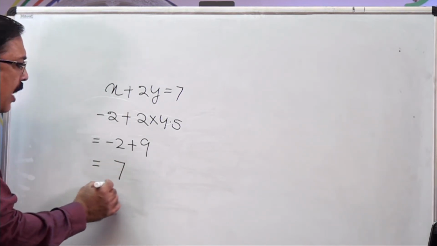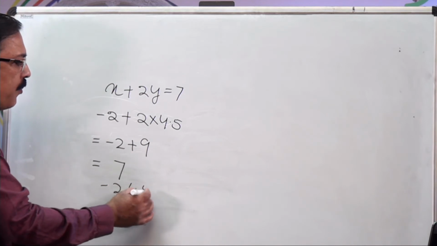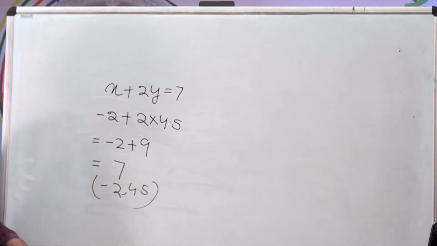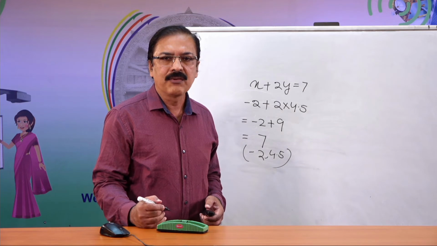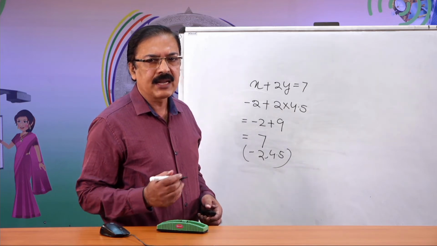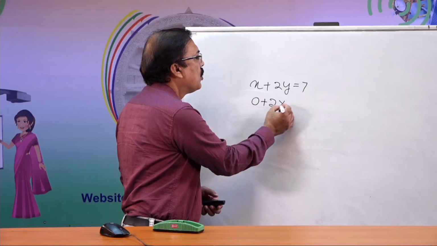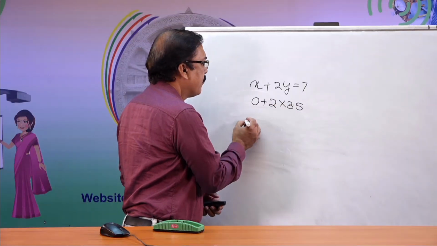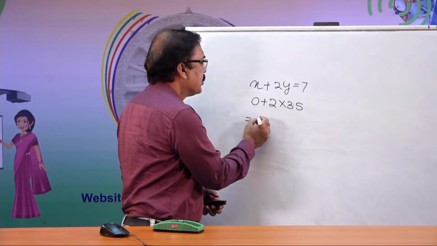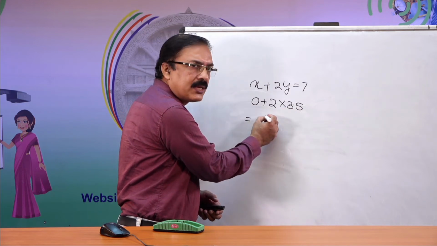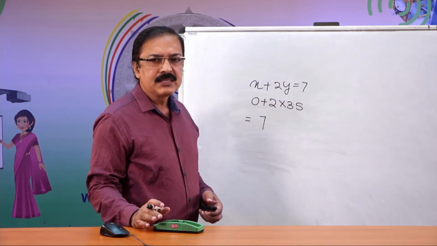So minus 2 and 4.5 is a solution to our equation. And in the second case, if we put the value of x as 0 and y as 3.5, we can say 0 plus 2 into 3.5 gives 7.